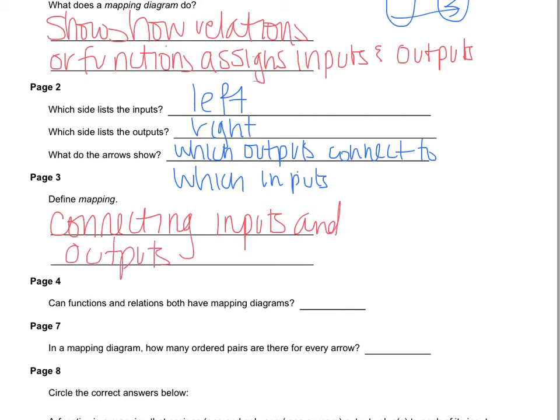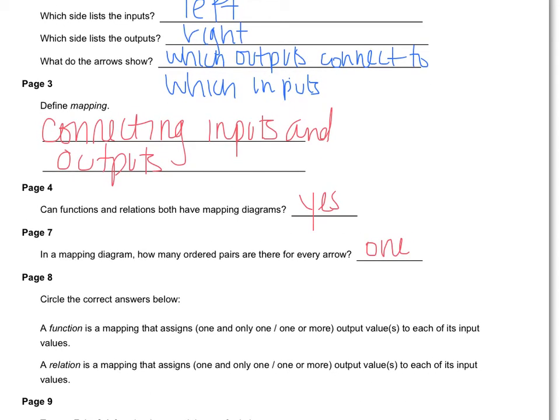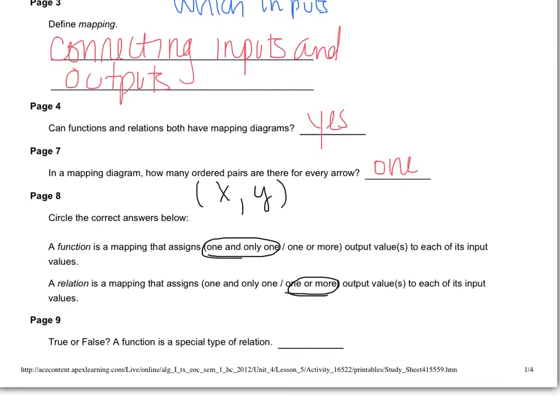The great thing about mapping is that both functions and relations can have mappings. And every single arrow that you have drawn represents one ordered pair. Remember, ordered pairs are how we graph, and they're going to be parentheses with a comma with an X and a Y. So a function is a mapping that assigns one and only one output value to each input, and a relation is a mapping that assigns one or more output values to each input value.